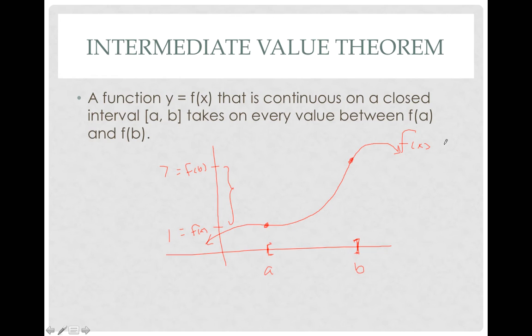This is also saying if I have a c value between a and b on a continuous function, that guarantees f of c is on this list somewhere.